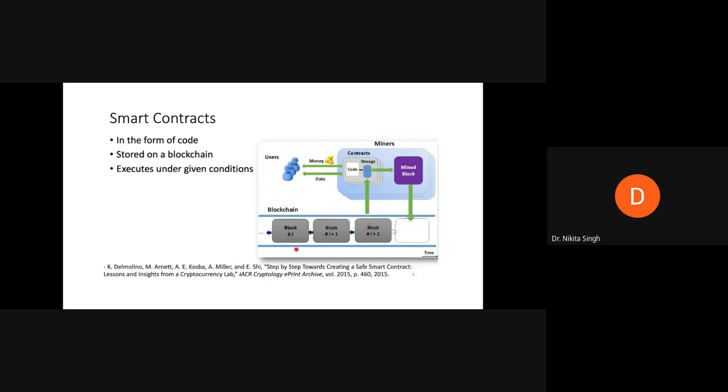These blocks are similar whether you're using Bitcoin, Ethereum, Corda, or any kind of blockchain. A blockchain is a collection of blocks chained together using the hash function. And each of these blocks will have transactions.